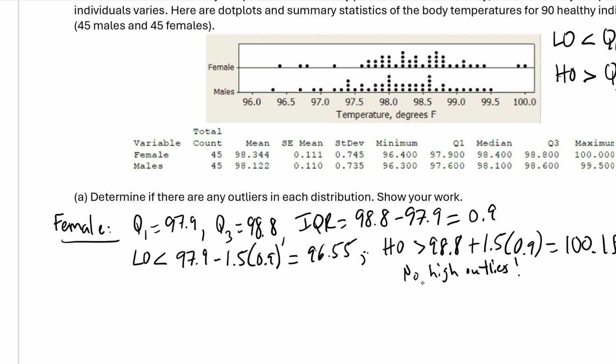The next lowest one is past 96.5, so that's the only one. So we just have the low outlier. The minimum, 96.4, is a low outlier since it is less than 96.55.